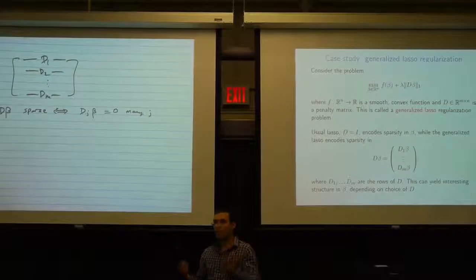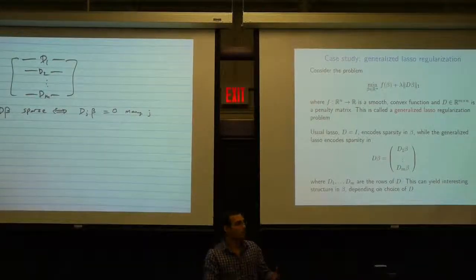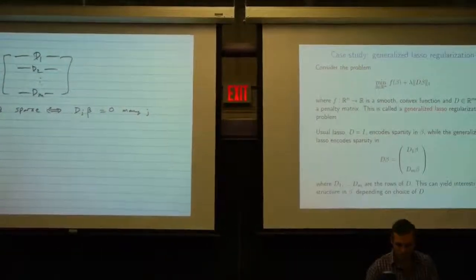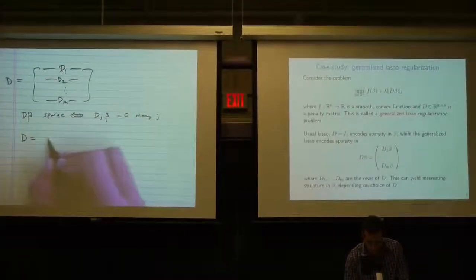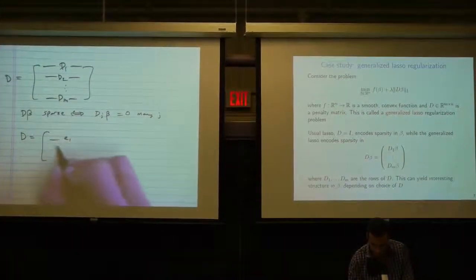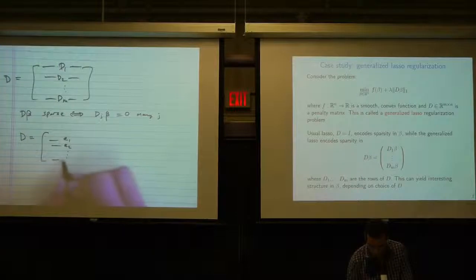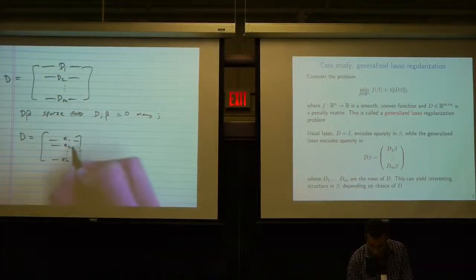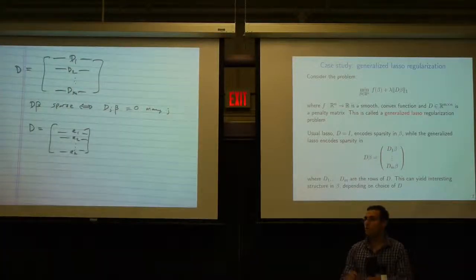If we say beta is sparse, that's another way of saying it's sparse with respect to the canonical basis. Like if I took D equals the identity matrix, then it's like I had the canonical basis vectors on the rows. So these are the vectors where, for example, Ej has a 1 in the jth component and 0 everywhere else. So if I do Ej transpose beta, and that's sparse, it just tells me that beta j is 0.